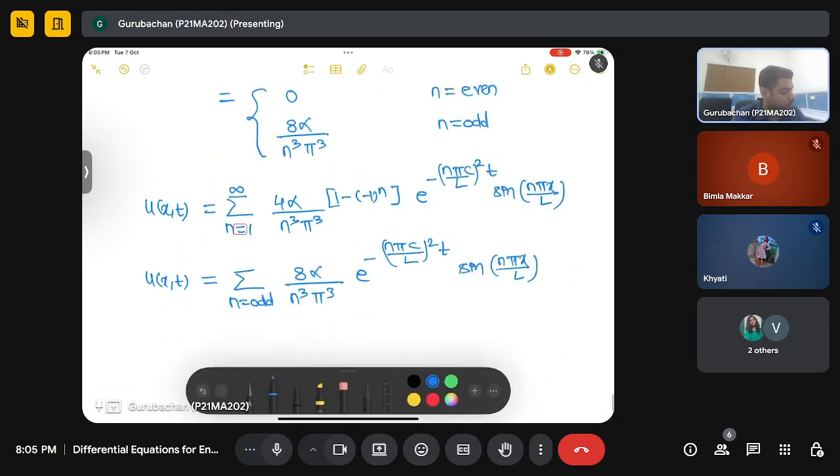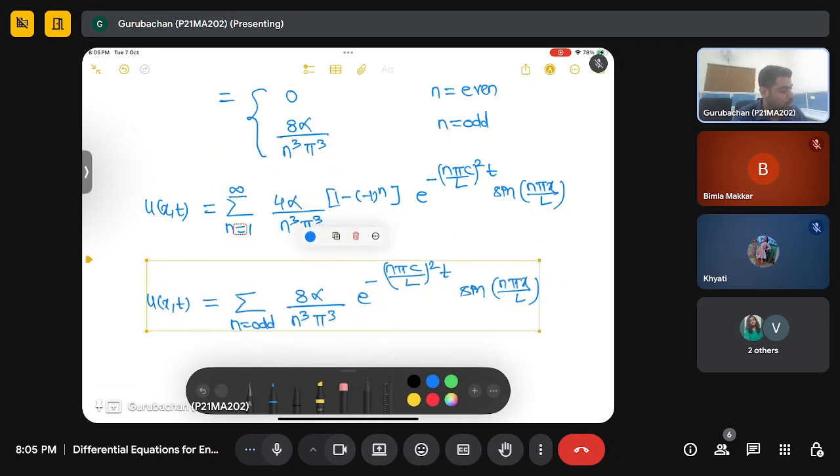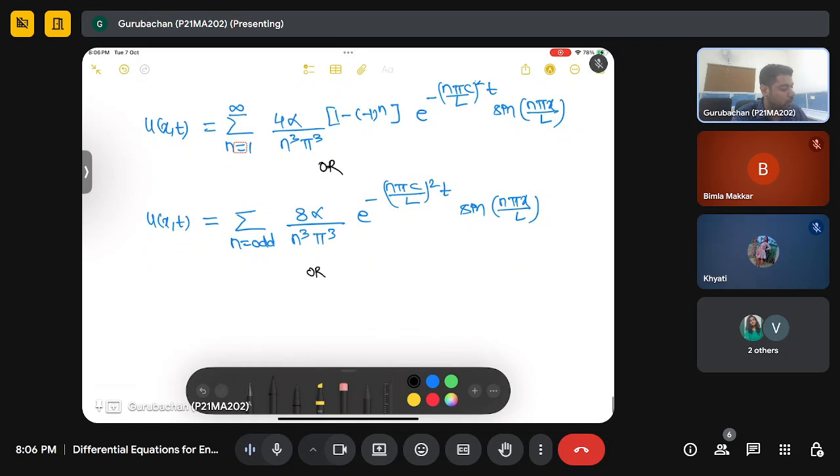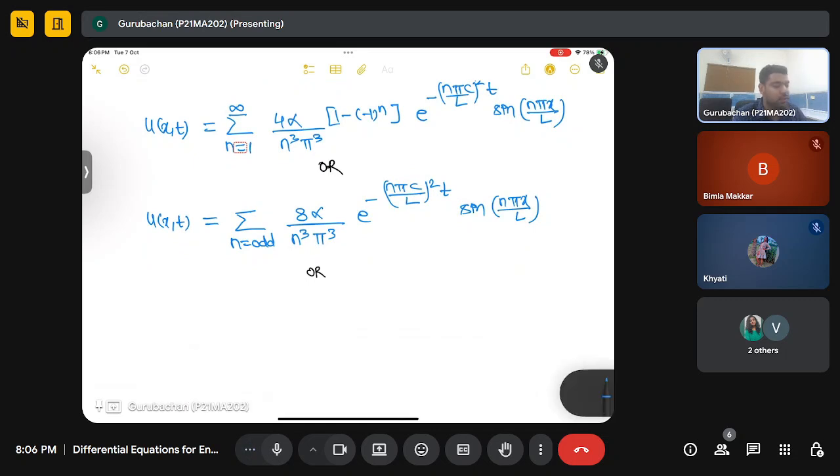And the last way to mention it is to substitute n as some odd number, and the series will again be counted from 1 to infinity.